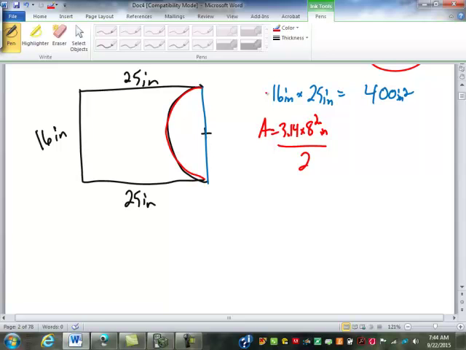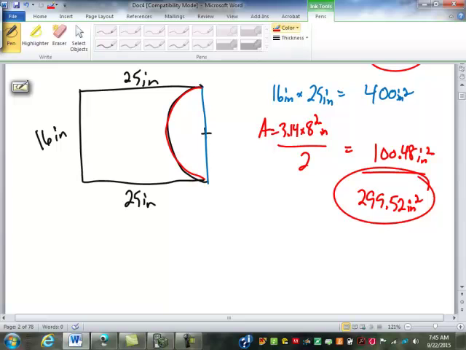So pi times 8 squared is 200.96, using 3.14. Divide that by 2 is 100.48. You subtract that from 400. 299.52 square inches.